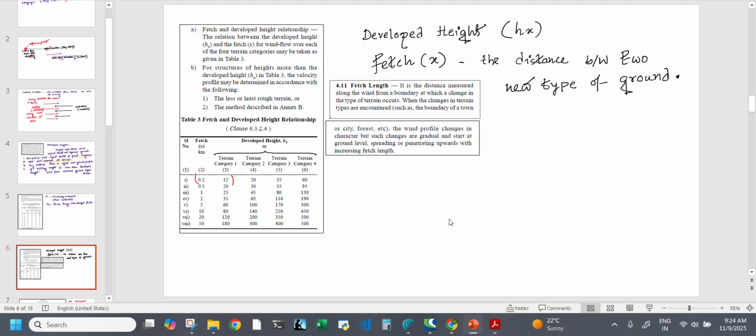Suppose the wind moves like this, the fetch length is 0.2 and the terrain category height is 12 meter.